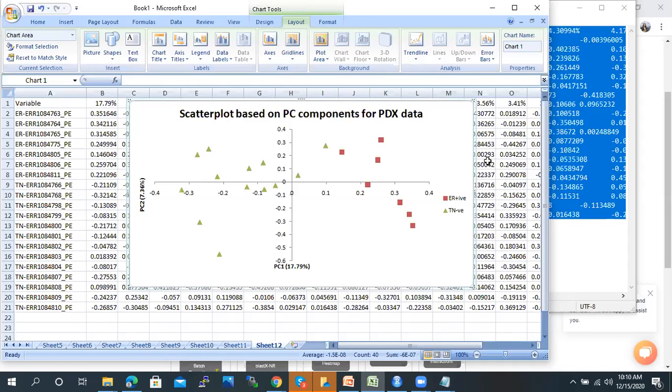Is anyone able to produce this PCA plot or scatter plot? Is anyone able to produce the PCA plot or not? Except Bharat.